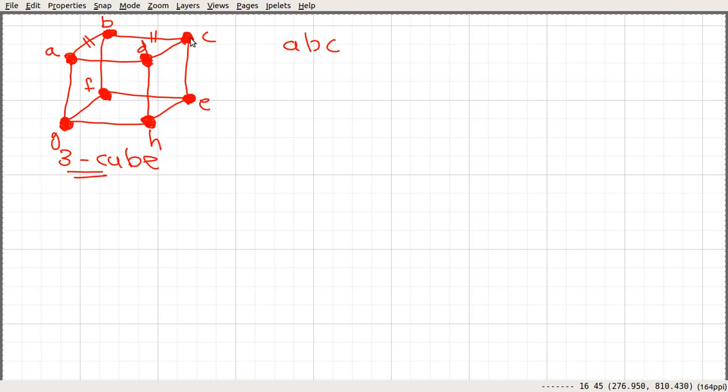From C, suppose that you use this edge, you move to D. From D you move to H. From H using this edge you move to E, and from E you use this edge to F. And from F you move to G using that edge, and from G you use this edge and move back to A.